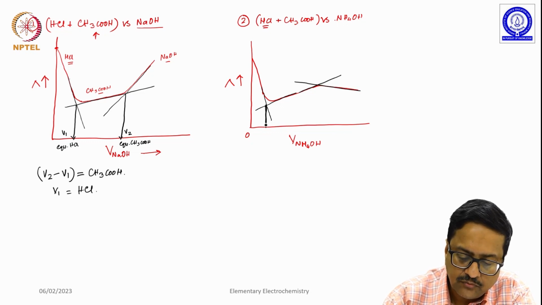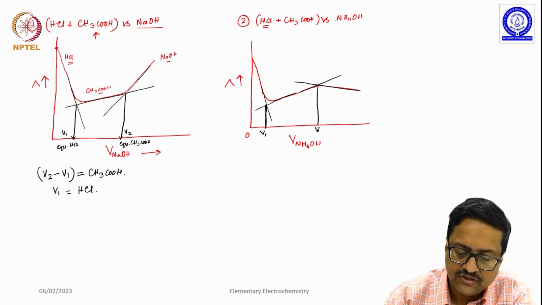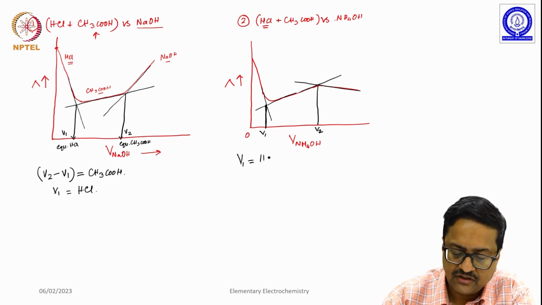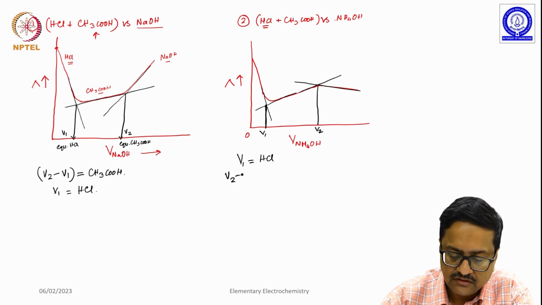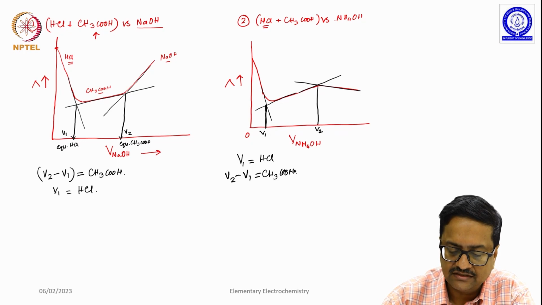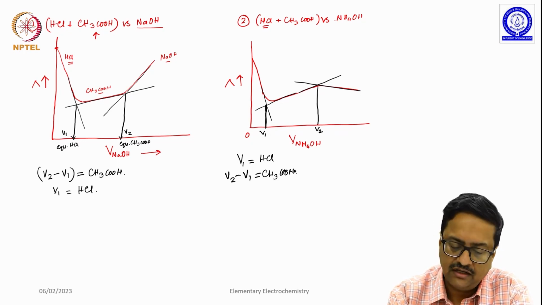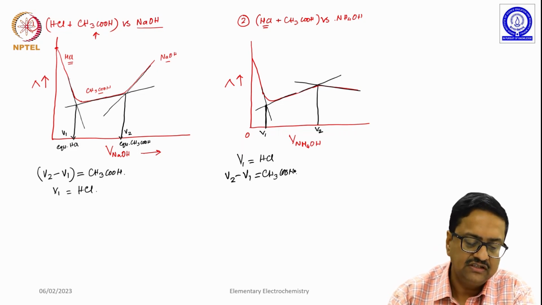So this will indicate V1, this will be V2. V1 is for HCl, V2 minus V1 is for acetic acid, right? So by doing one titration using ammonium hydroxide, one can do this.